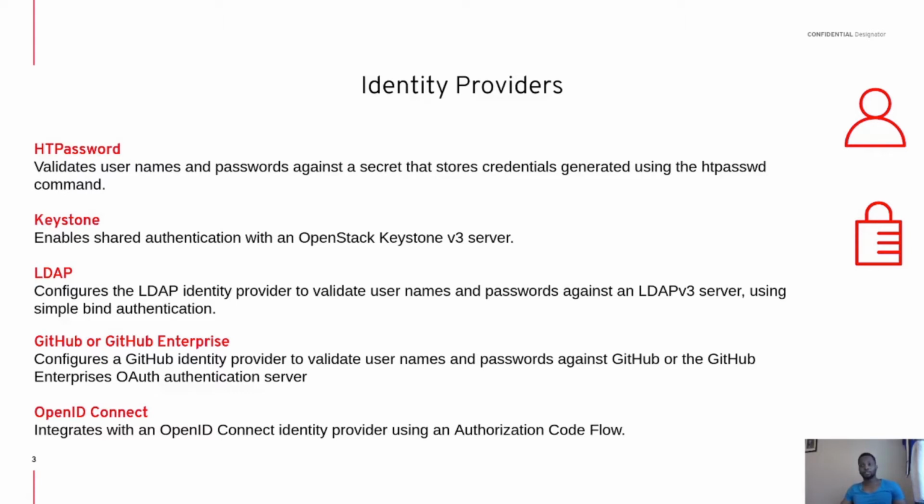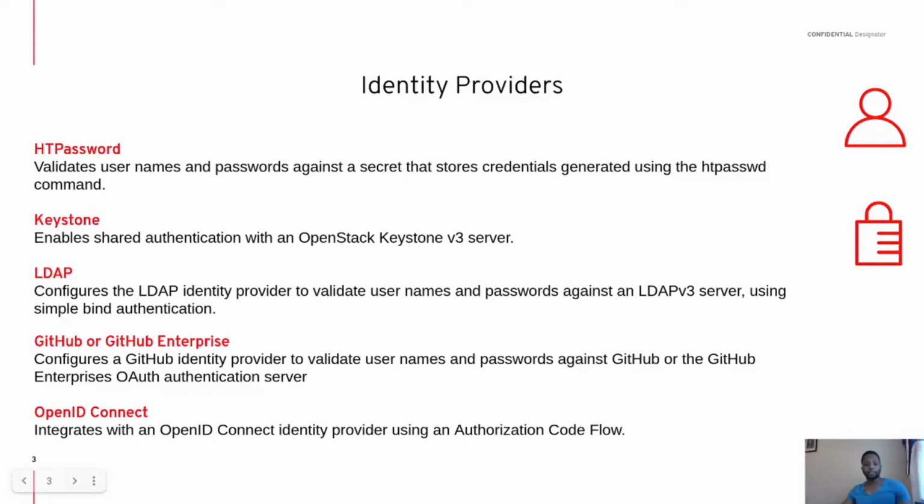You have Keystone, which enables shared authentication with an OpenStack Keystone v3 server. LDAP, which you can configure to validate usernames and passwords against an LDAP v3 server using simple bind authentication. And then you have OpenID Connect and GitHub.